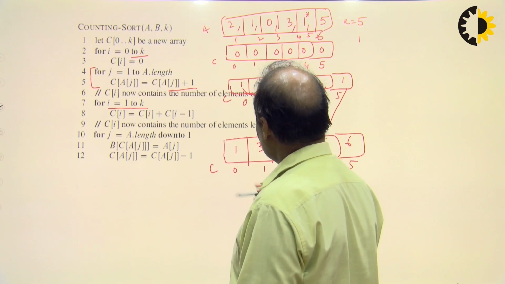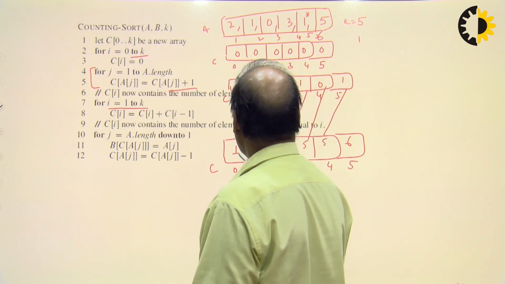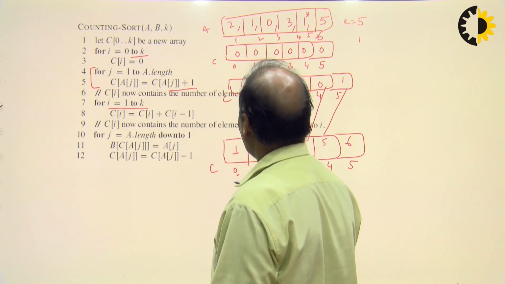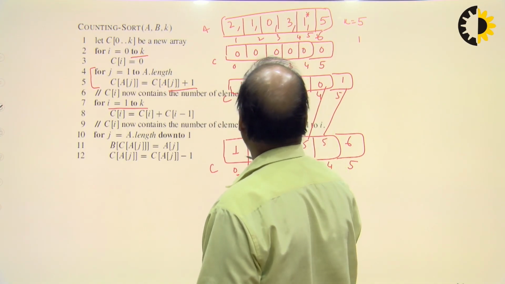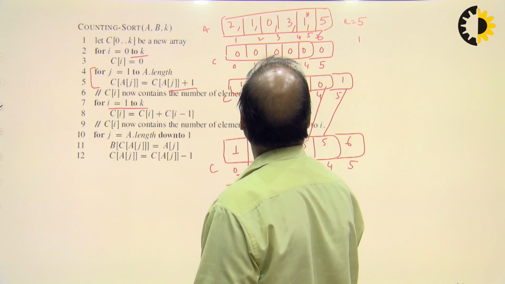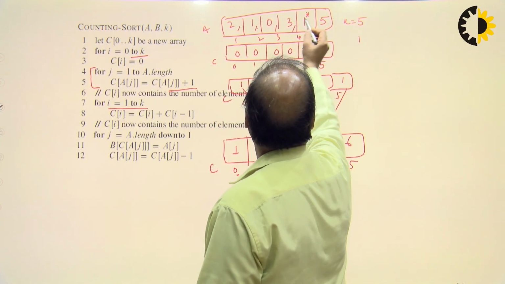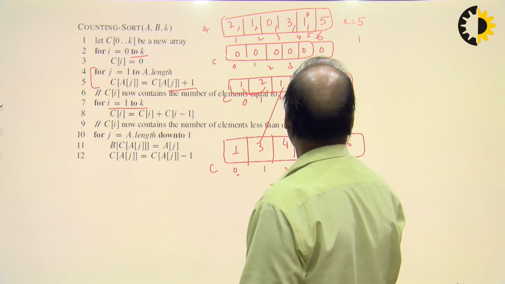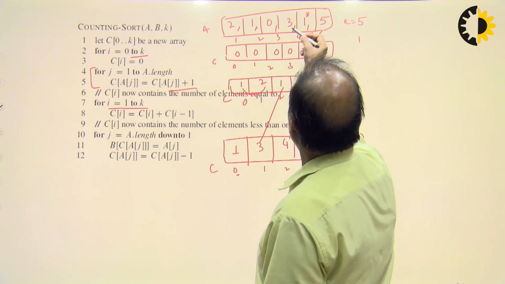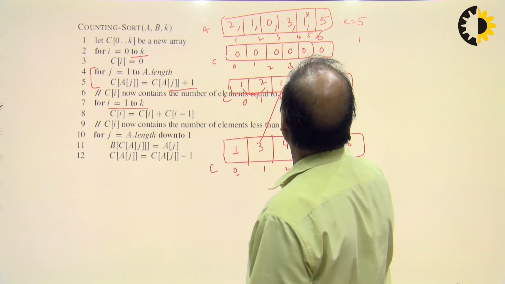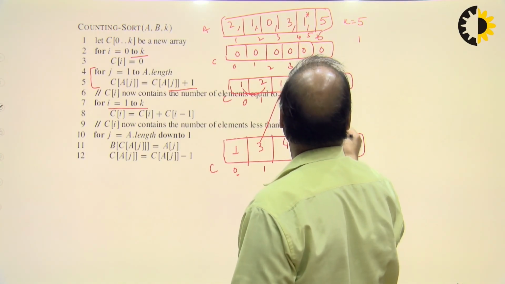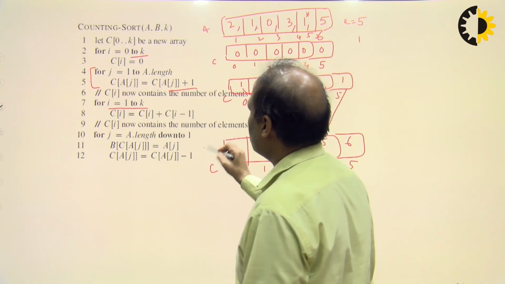This denotes the number of elements less than or equal to this index. The number of elements less than or equal to 0 is 1. Less than or equal to 1 is 3. Less than or equal to 2 is 4. Less than or equal to 3 is 5. Yes, they are 5. And less than or equal to 4 is also 5. So this is the final count array.